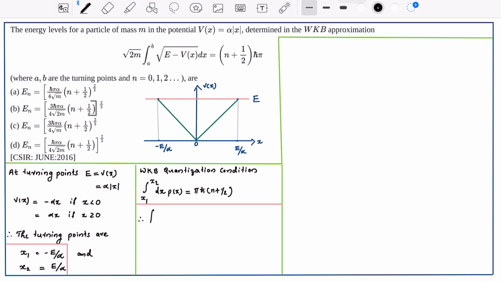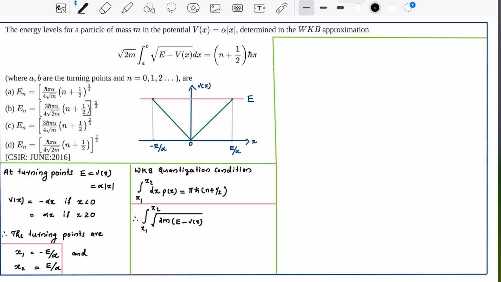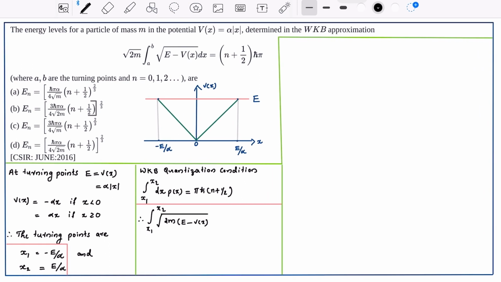Now we can write the momentum p as square root of 2m into E minus V of x. So the integral from x1 to x2 of square root of 2m into E minus V dx is equal to pi h bar into n plus half.